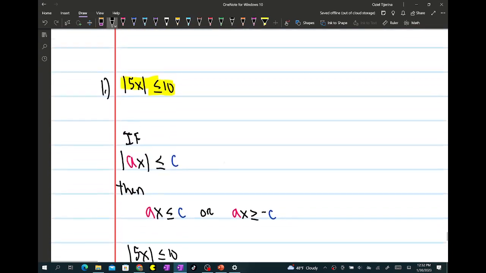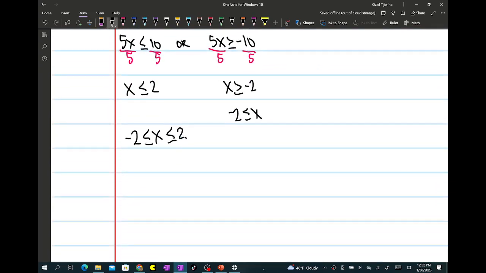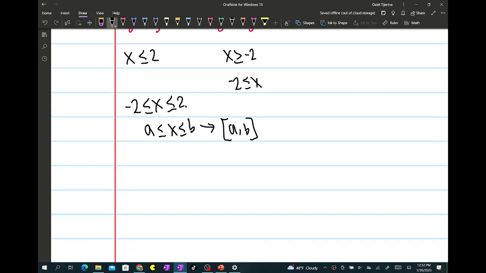In interval notation, remember that a less than or equal to x less than or equal to b corresponds to the interval from bracket a to b bracket. So it would be from negative 2 to 2.